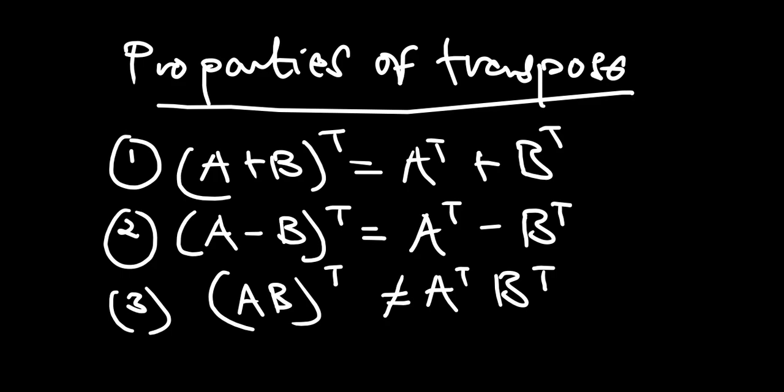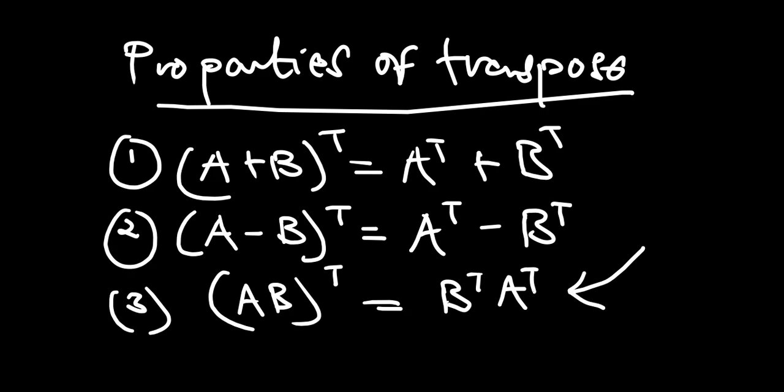AB transpose is the same as the commutated product of the matrices A and B. So we are going to say A multiplied by B transpose is the same as B transpose A transpose. So we see where this is coming from. Remember we said multiplication is not commutative, so AB is not equal to BA. This property can be said to be coming from here.